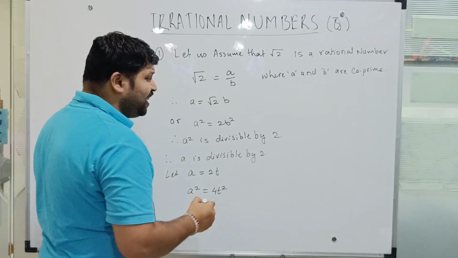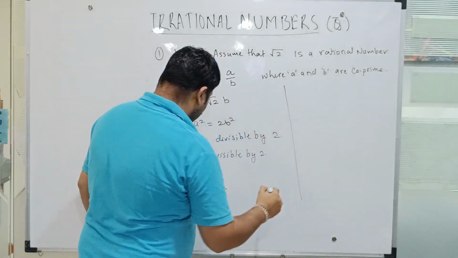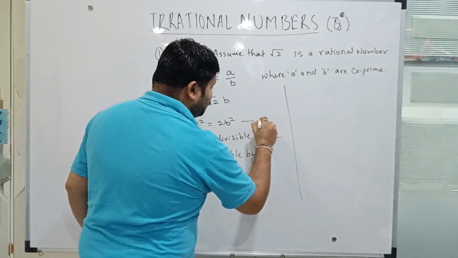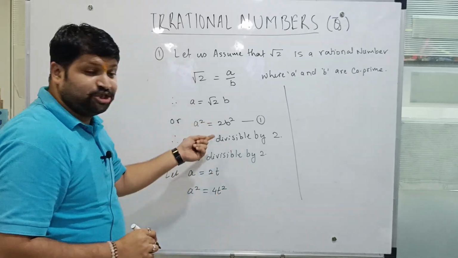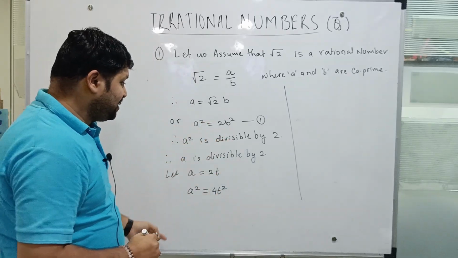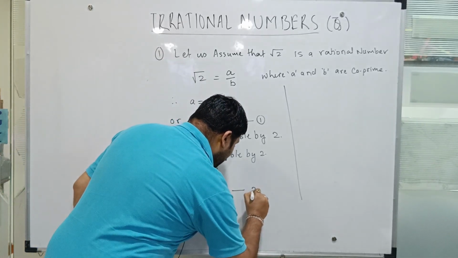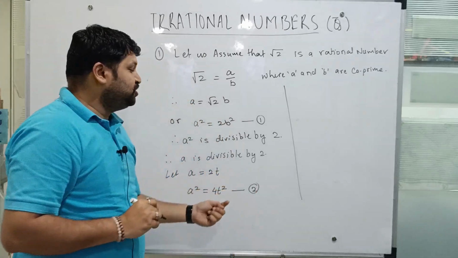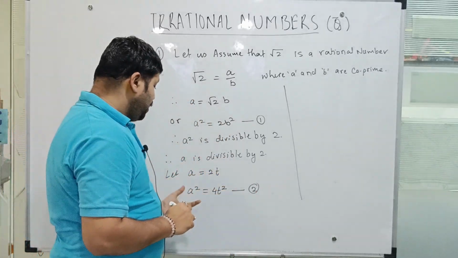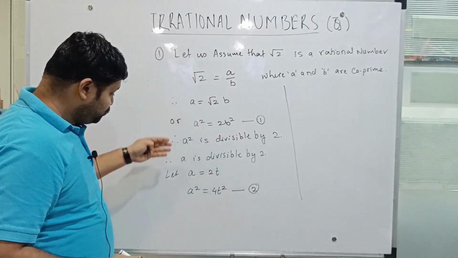After this I can say that this is my first statement telling me that a square is equal to 2b square. This is my second statement telling me that a square is equal to 4t square. So I can compare these two statements.